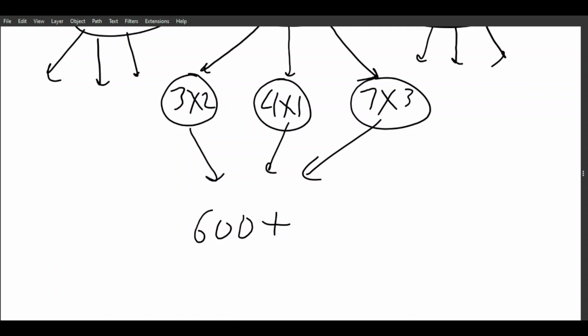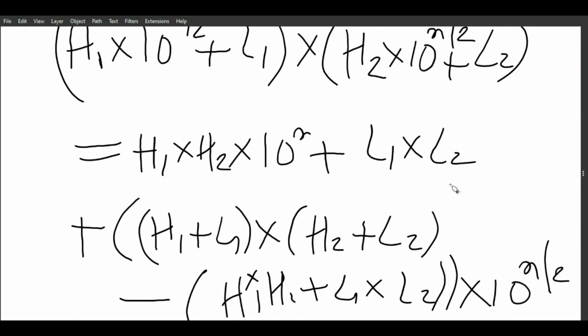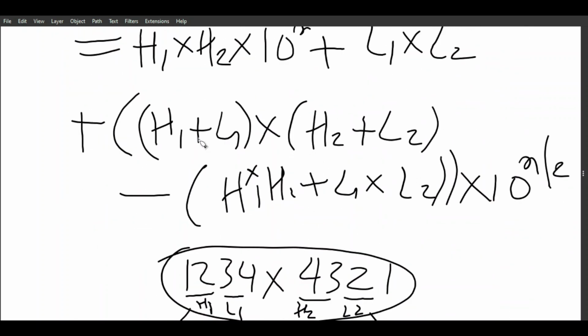L1 L2 is 21, plus, again see the formula, this is the third subproblem, minus the sum of the first and second subproblems, multiplied by 10 power n by 2.